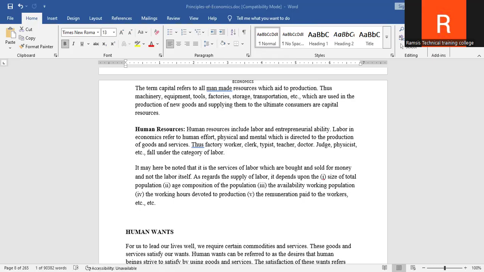These are basically the parameters or the aggregates that affect a country or its economy as a whole.